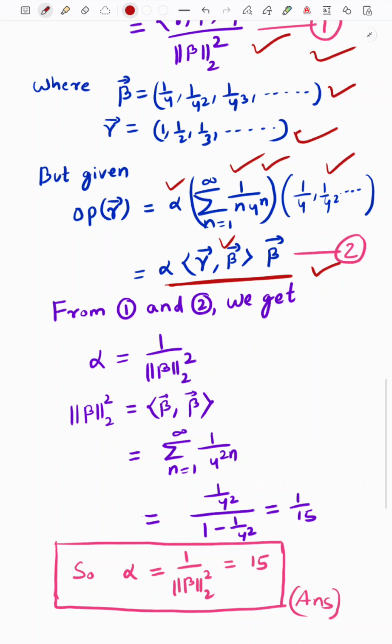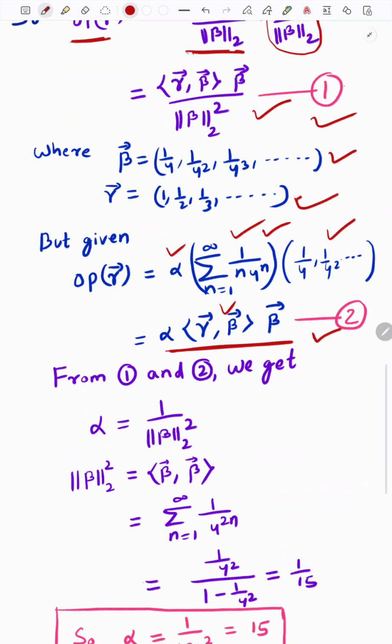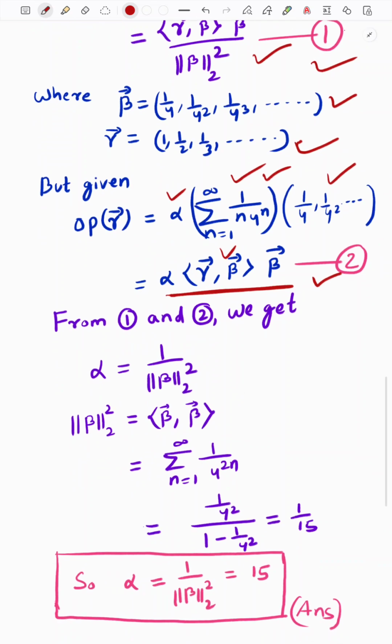After equating these two things, the inner product will cancel, and beta vector is a non-zero vector, so it will also cancel. So it gives alpha equal to 1 by beta 2 norm square.